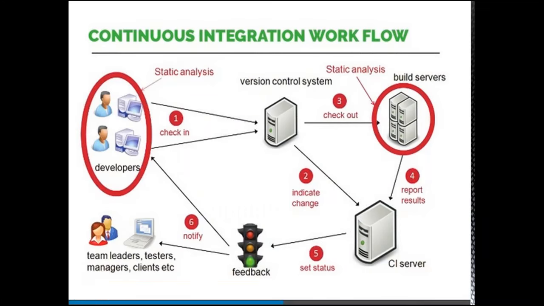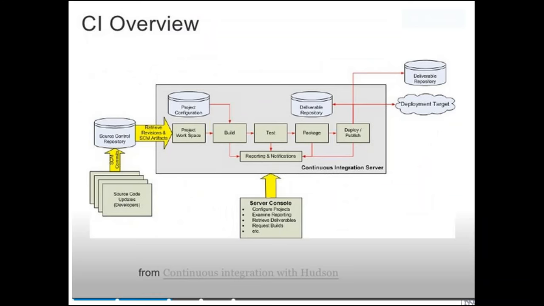Okay, and then we have also already seen the continuous integration workflow, and this is the CI overview. Here the source code is there, and once the source code is checked in, it will go to the source code repository, and then to the project workspace, wherever you are working on it, and then build.